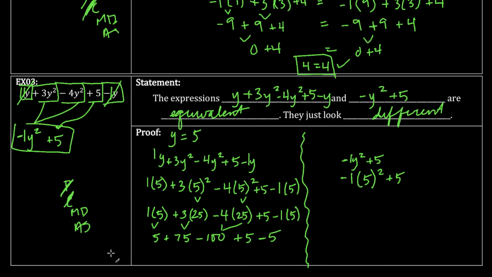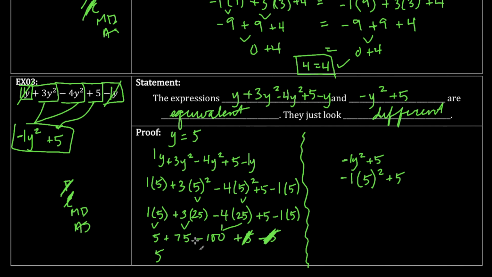Let's go ahead and combine all of these. I'm going to do that a little differently this time. This 5 and this 5 cancel each other out. And I'm going to keep this 5 here. And plus 75 minus 100.